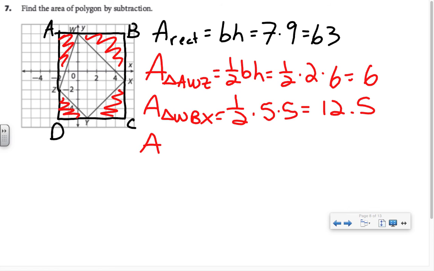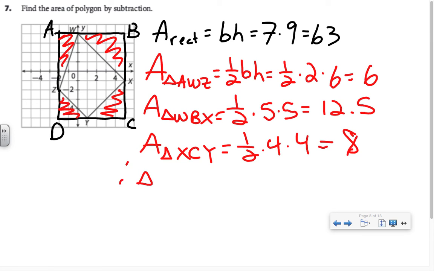Find the area of triangle XCY. That's 1/2 base times height again. The base of triangle XCY is the length of segment CY. It is 4. The height of triangle XCY is segment XC, which is also 4. So that area is 8.